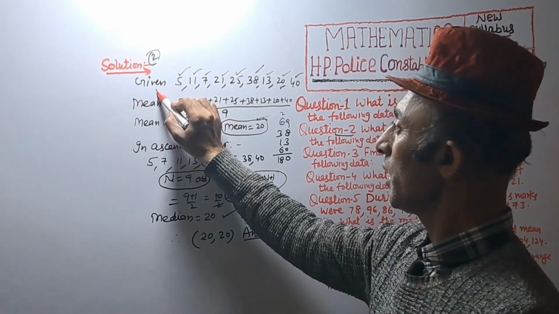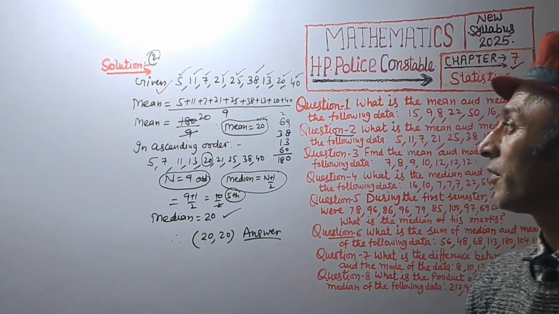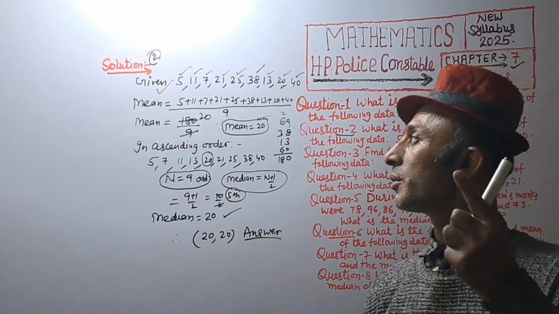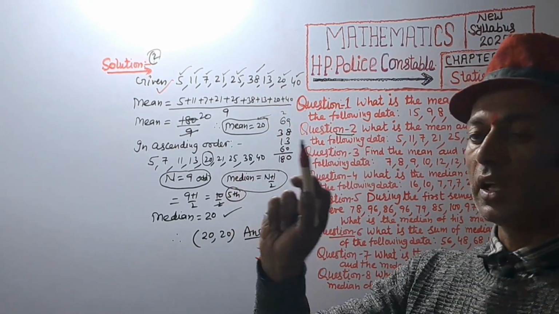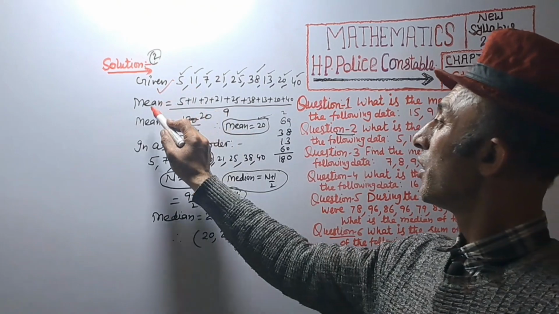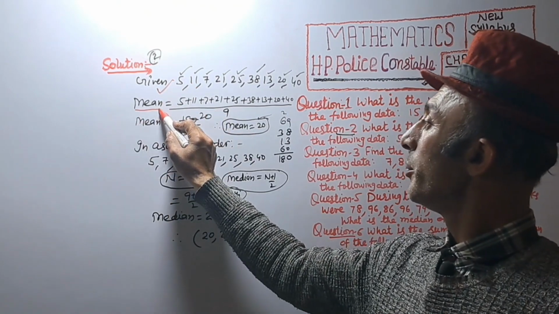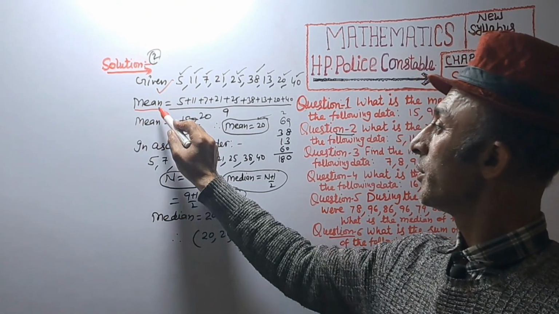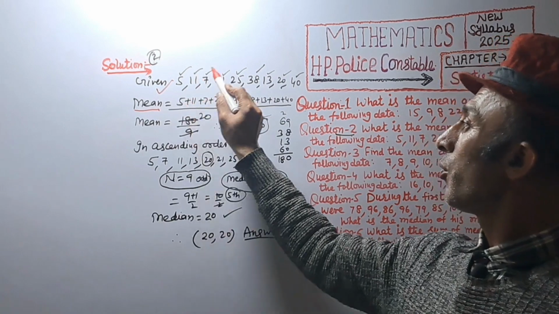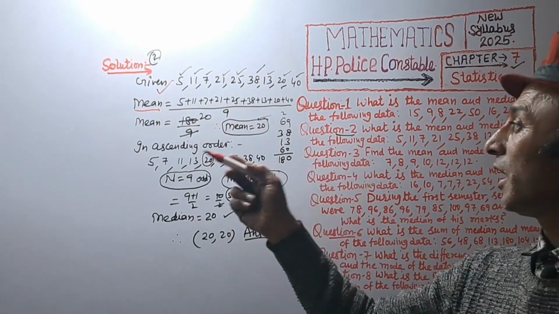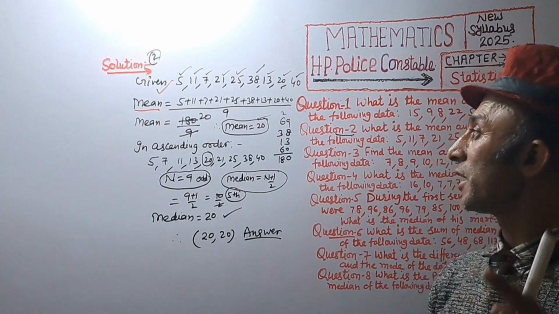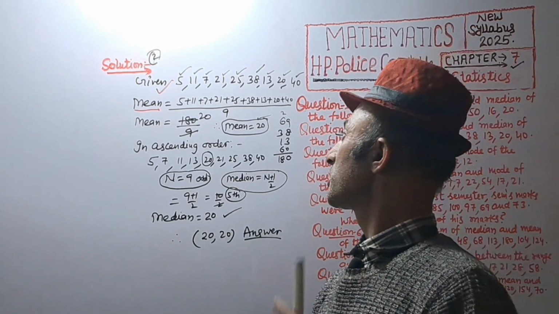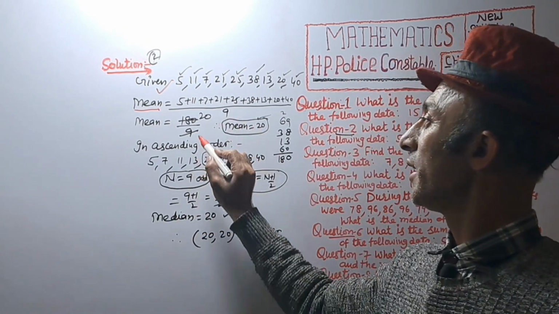Answer. Given data is 5, 11, 7, 21, 25, 38, 13, 20 and 40. First of all, we are finding mean and median. First we find mean, that is the sum of all numbers, 5 plus 11 plus 7 plus 21 plus 25 plus 38 plus 13 plus 20 plus 40, divided by 9.